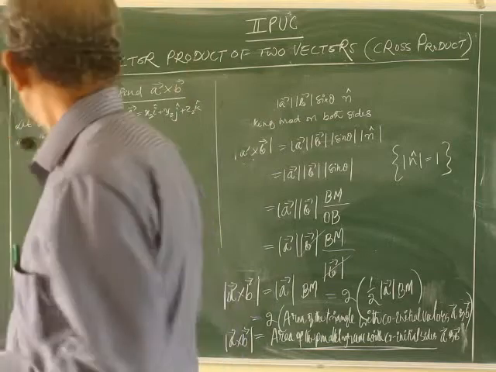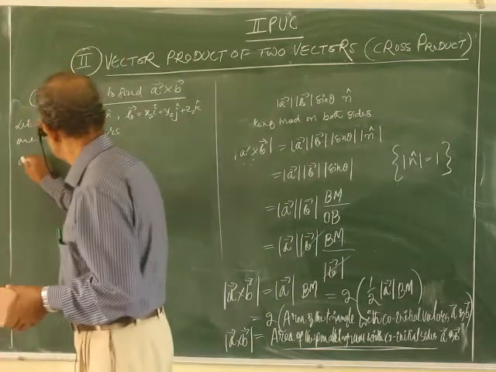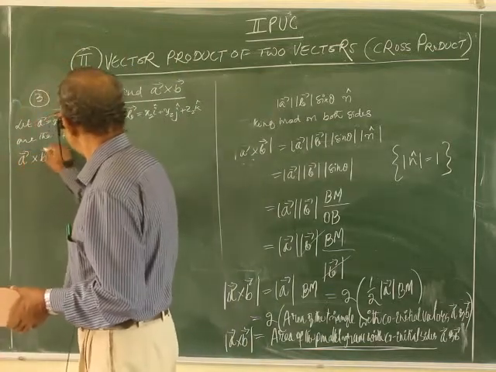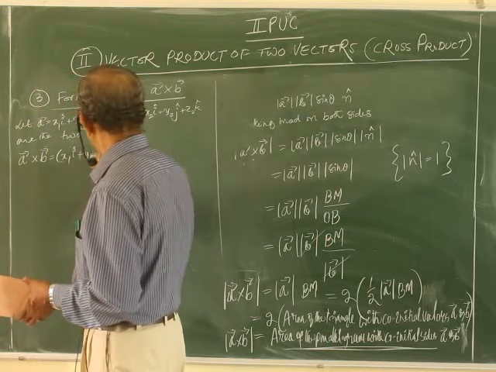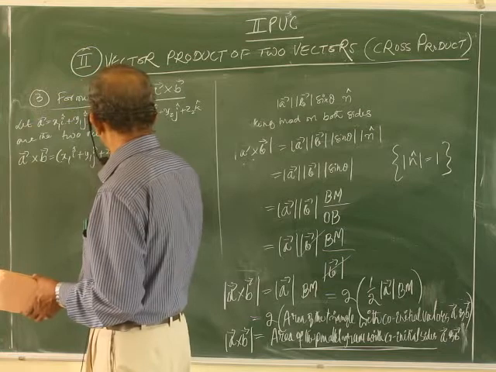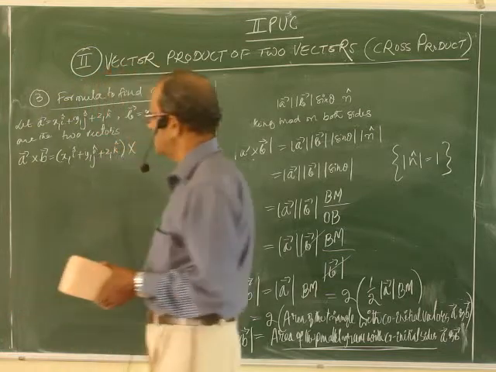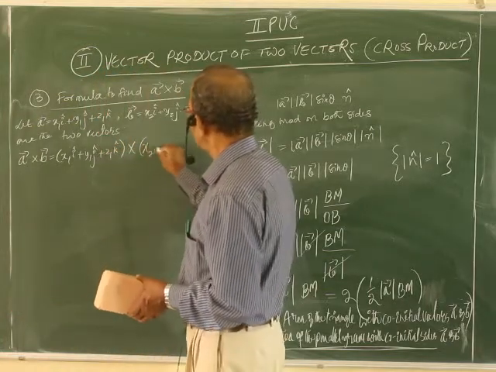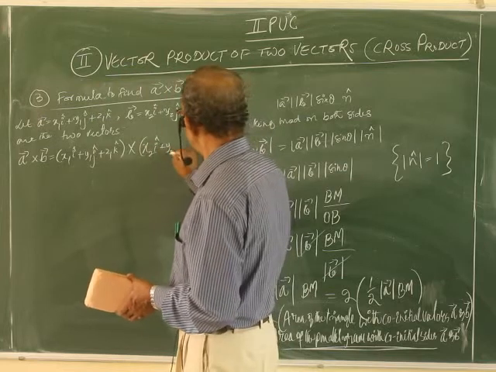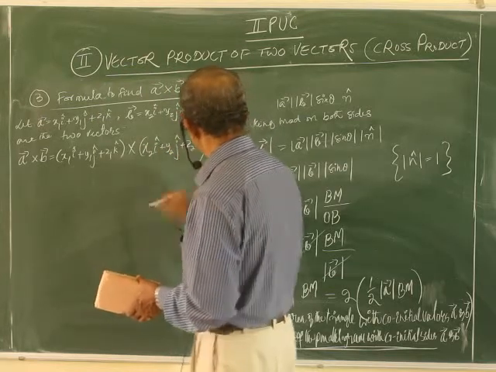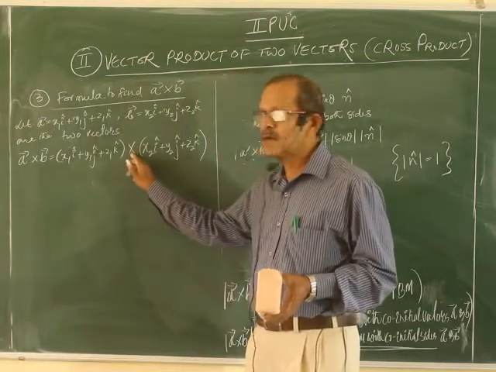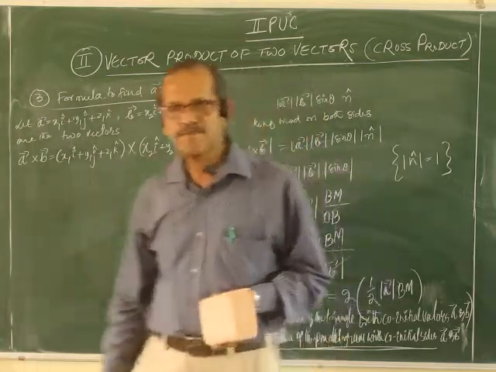Next, A cross B equal to x1i plus y1j plus z1k cross x2i plus y2j plus z2k. There we have taken dot, here it is cross, that's all.